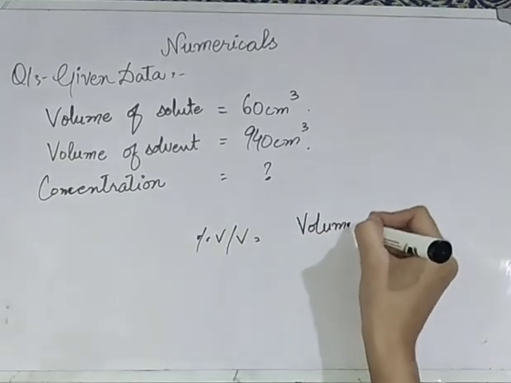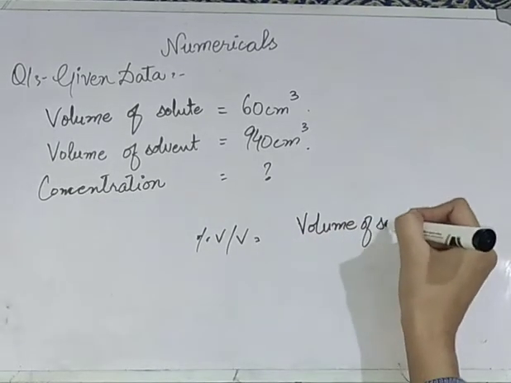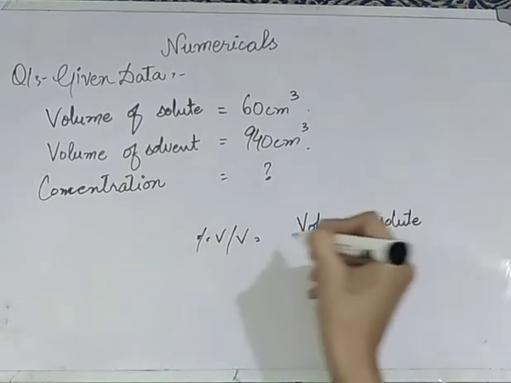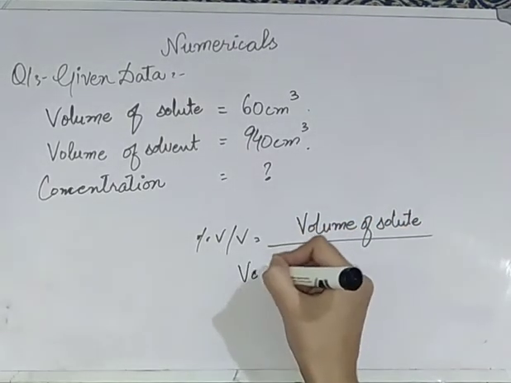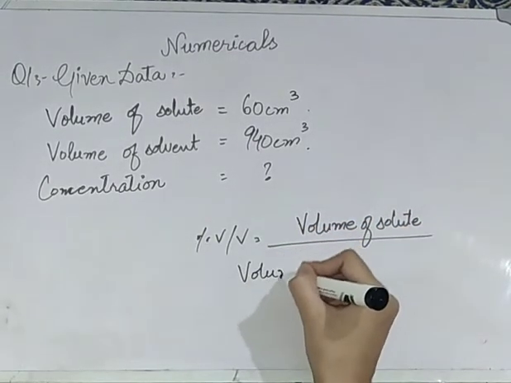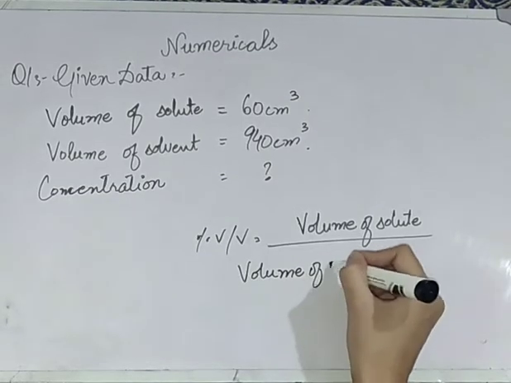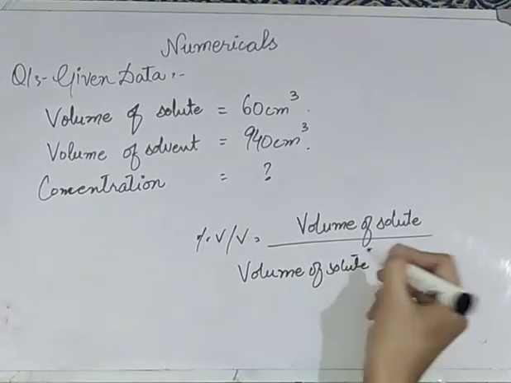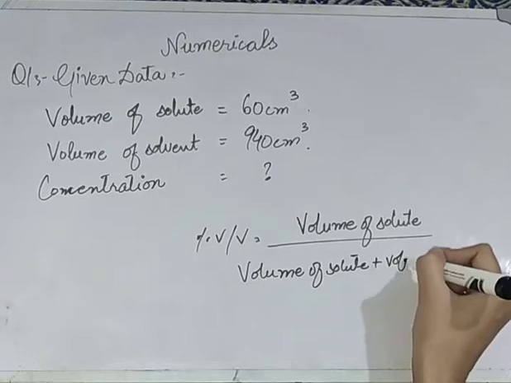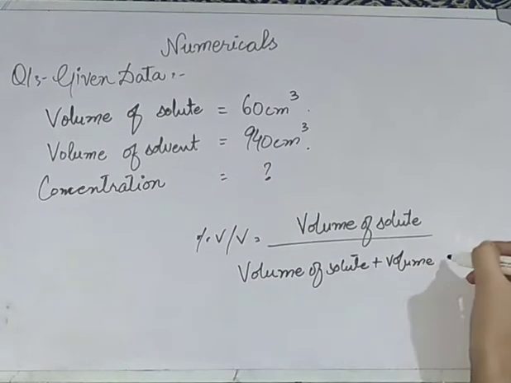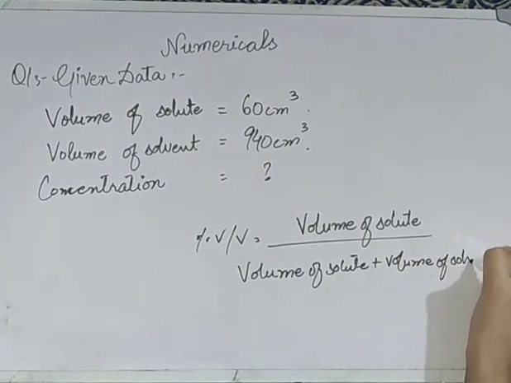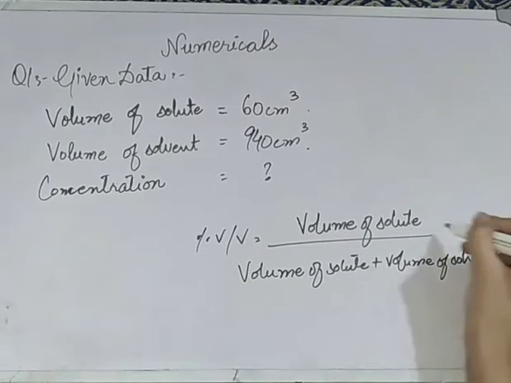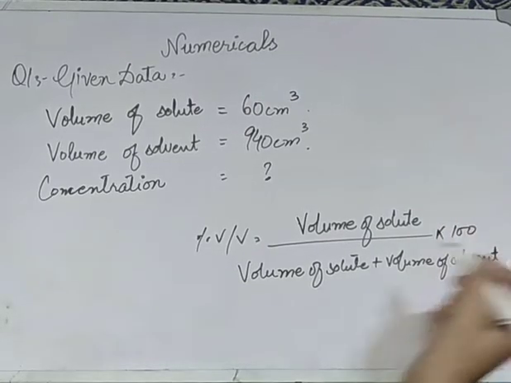Volume of solute divided by volume of solute plus volume of solvent, multiplied by 100.